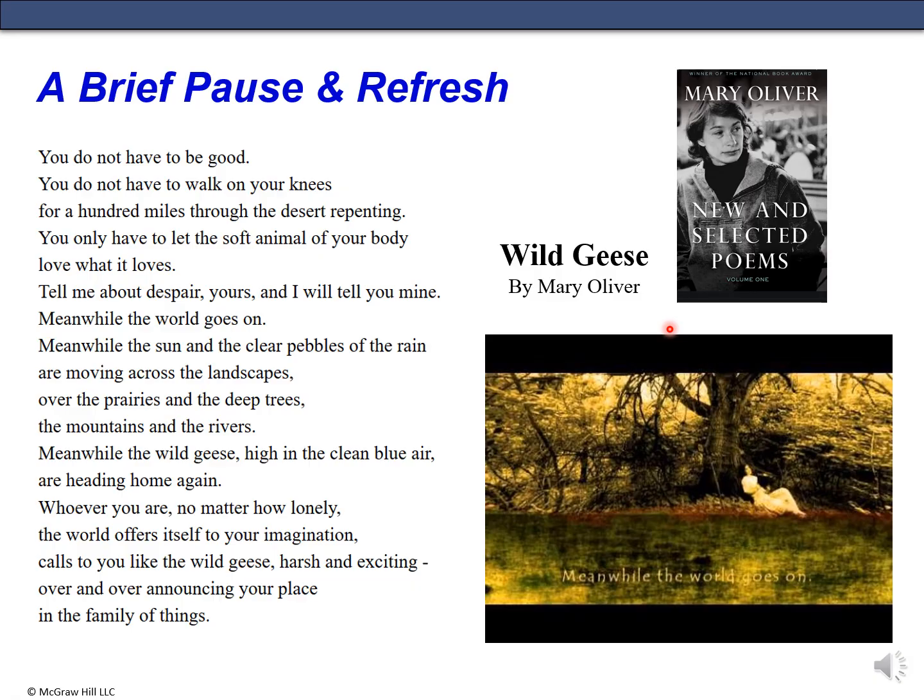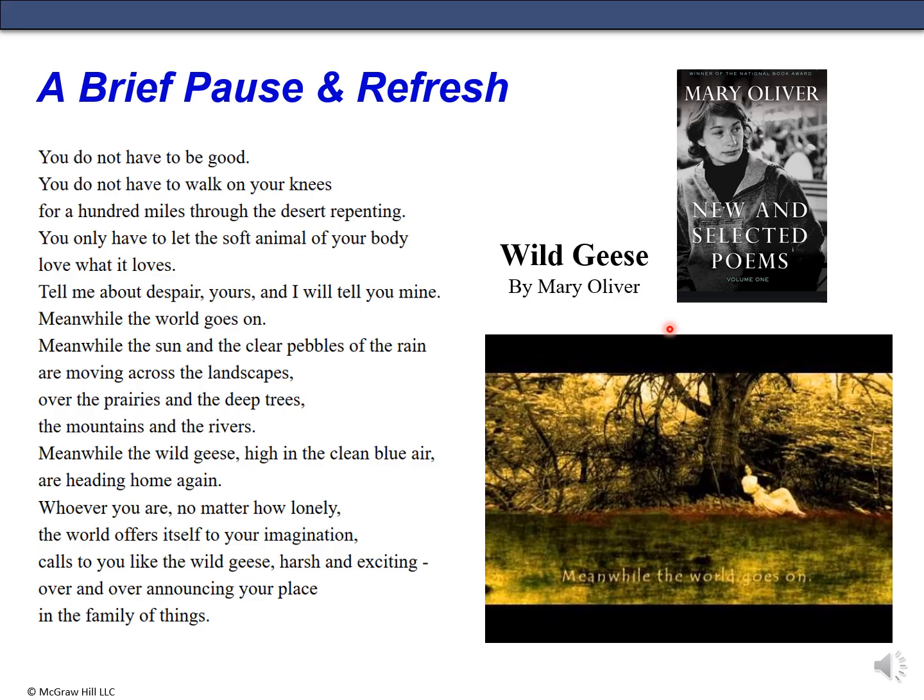This is Mary Oliver reading her poem. So this is Wild Geese. You do not have to be good. You do not have to walk on your knees for 100 miles through the desert repenting. You only have to let the soft animal of your body love what it loves. Tell me about despair, yours, and I will tell you mine. Meanwhile, the world goes on.